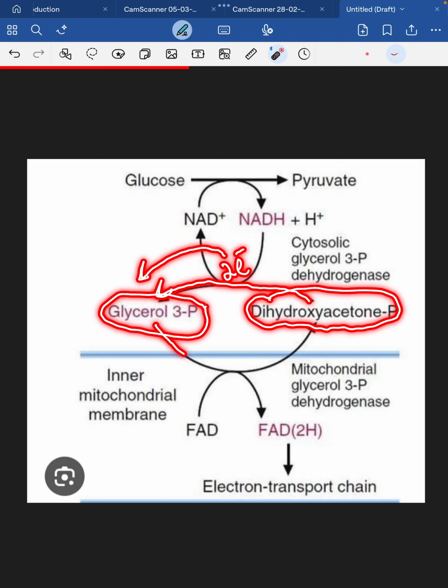This glycerol 3-phosphate takes the electrons of NADH and enters the mitochondrial intermembrane space, where an enzyme is present, known as mitochondrial glycerol 3-phosphate dehydrogenase.